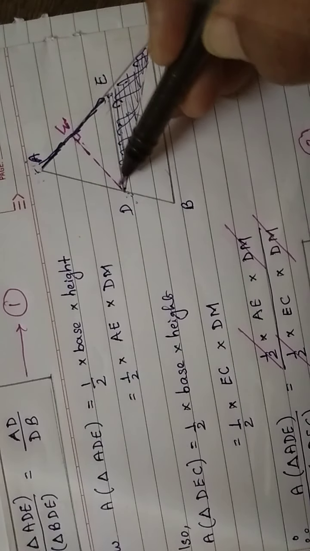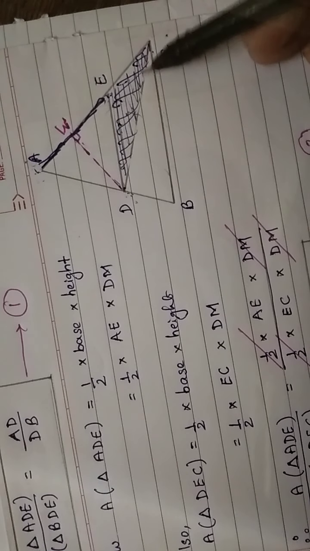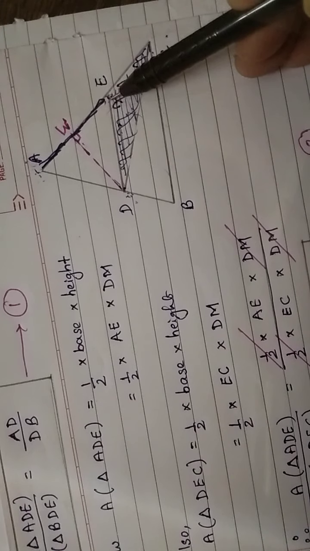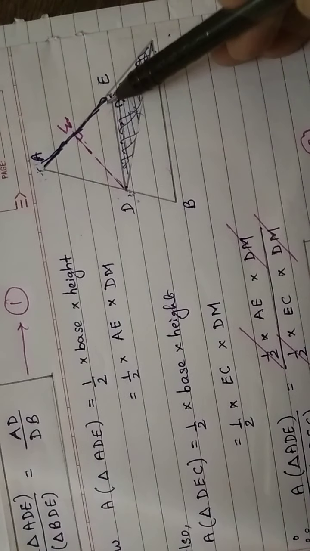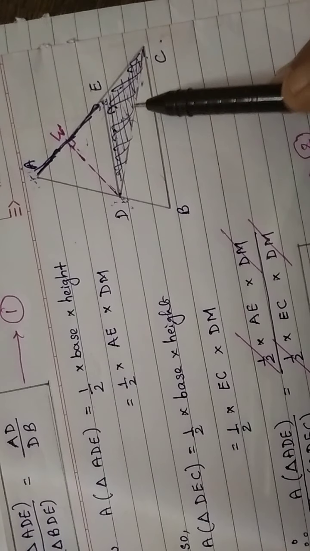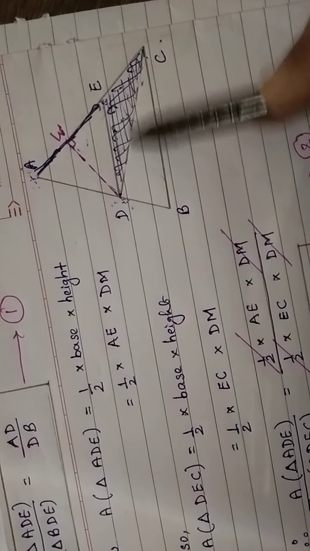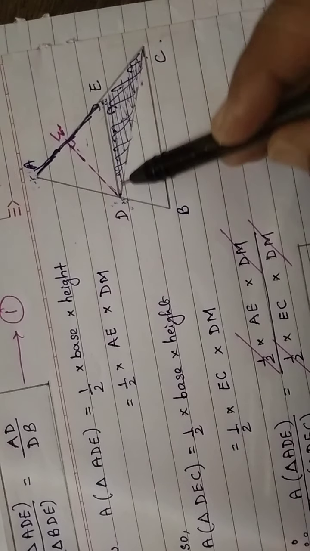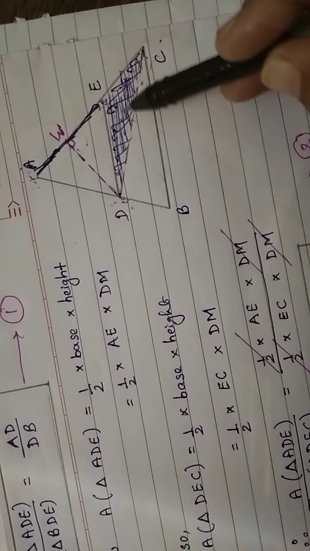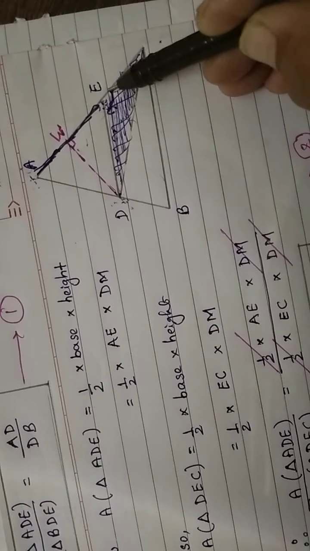So DM is the height of this shaded triangle also. DM was the height of ADE also, and that is an acute angle triangle, so the height is inside the triangle. But this shaded triangle which I am showing here is an obtuse angled triangle. See, this is an obtuse angle.